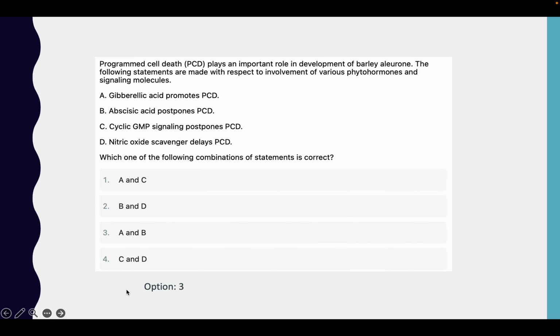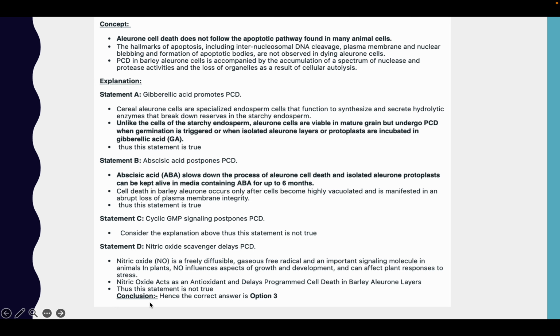Can you move to the previous slide? Here, in the first paragraph, PCD in barley aleurone cells is accompanied by a spectrum of nuclease and protease activities rather than DNA cleavage and plasma membrane blebbing, which are the hallmarks of apoptosis.